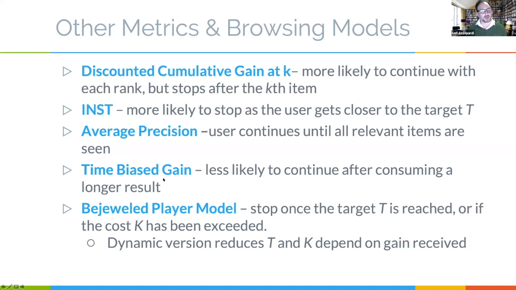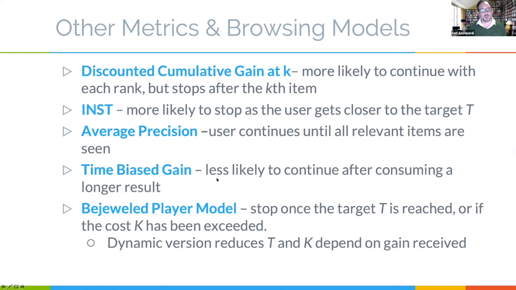Whereas a measure like time-biased gain, if you're not familiar with it, was by Mark Smucker and Charlie Clarke. I think they won best paper at CIKM, I believe, in Toronto for this work. That's about 2003, so it's many years ago now.